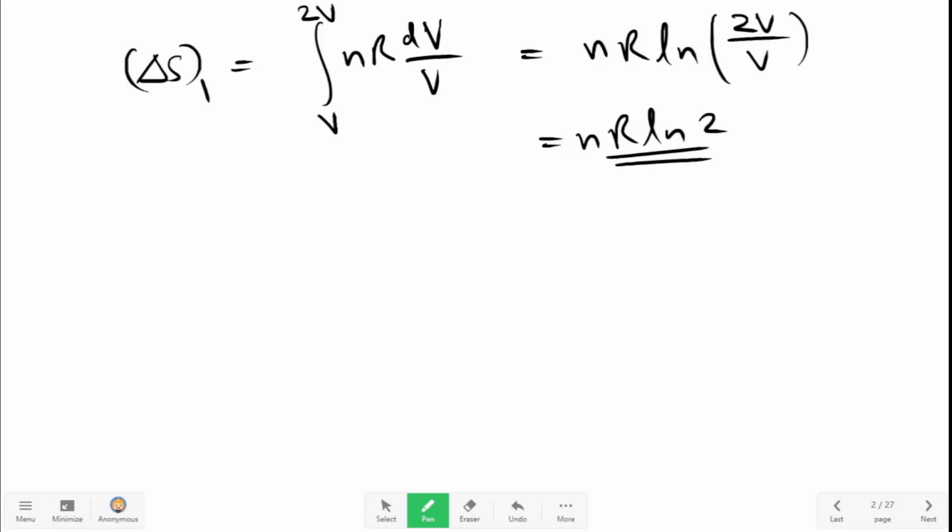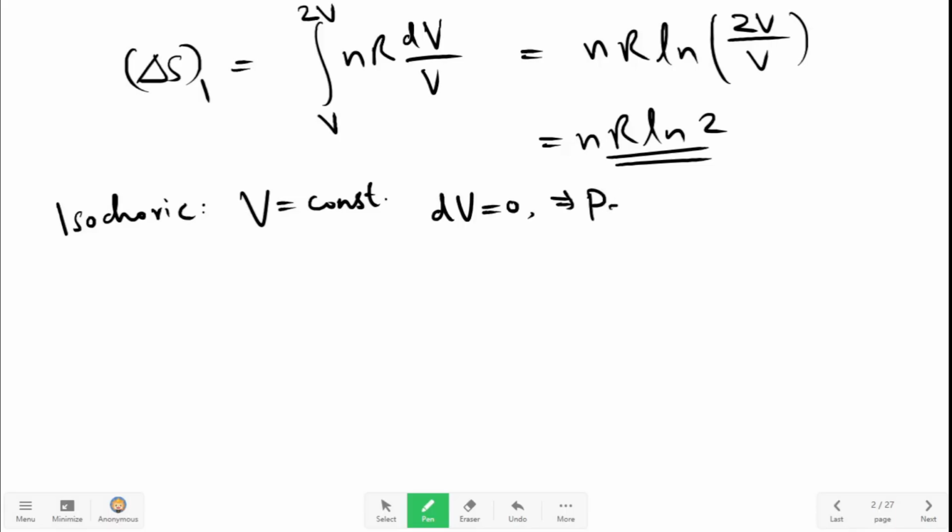Now let's see what is the change in entropy for second process. In the second process, which is reversible isochoric process, volume is constant. This implies dV is equal to 0, which means PdV is equal to 0.